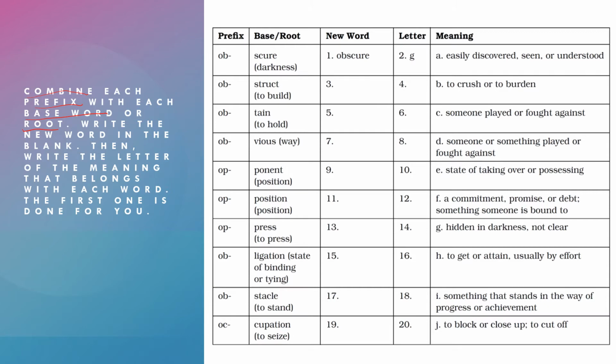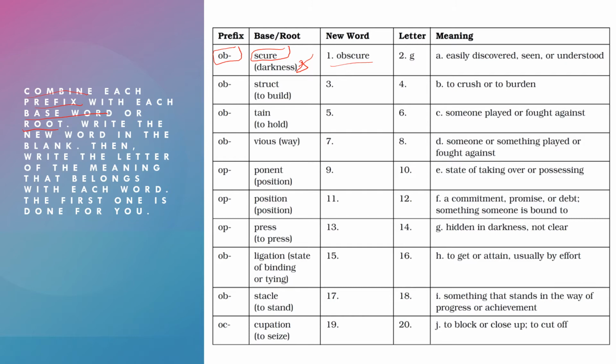So we have here the prefix ob. It is added to the base or root scur, which means darkness. Together they make obscure. All right, and this one is already done for you.